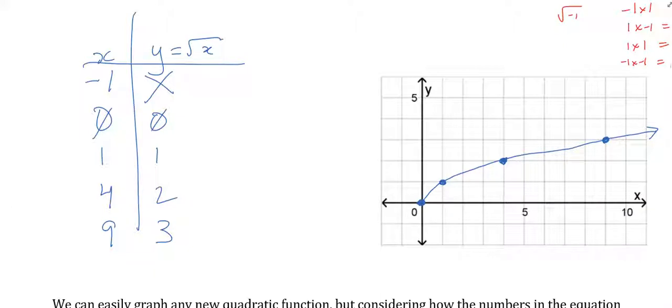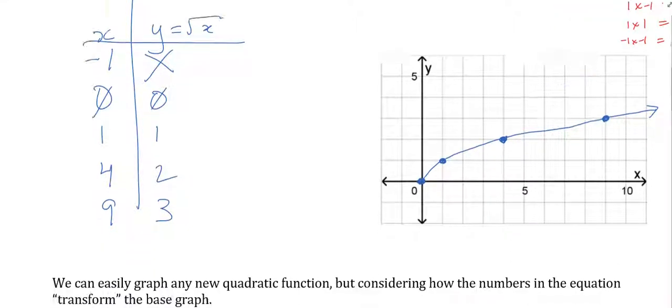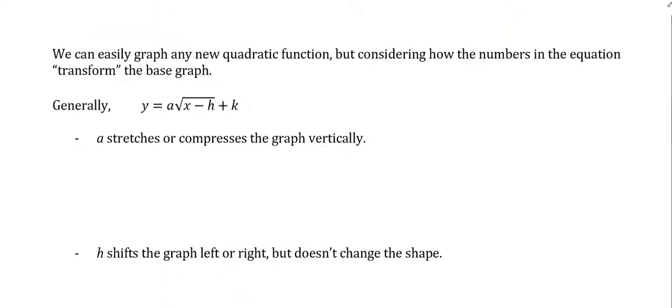What do you think about that? Easy enough because we know a lot about parabolas and we've done that for a couple of days. So we're going to do this for a day, but it's a little bit of practice of everything. So it's pretty good. We can easily graph any new square root function. There are some mistakes on this page because it was copied from the last one and then some things weren't fixed. You don't necessarily have to change them all if you want to be lazy because you know what it means.